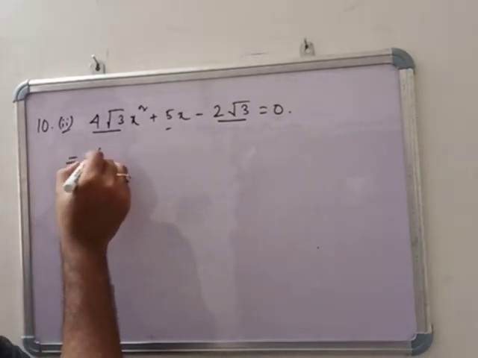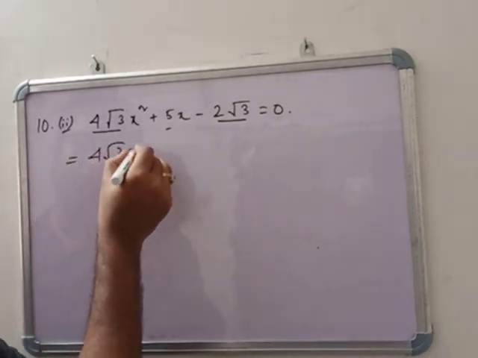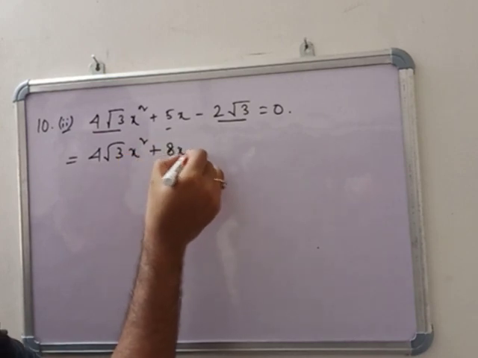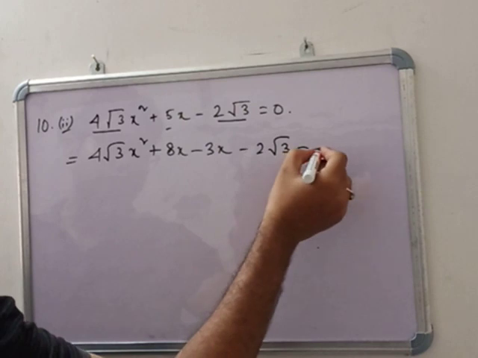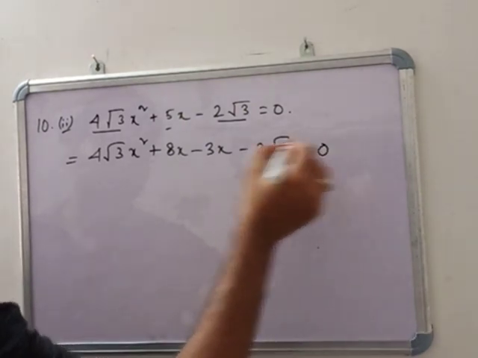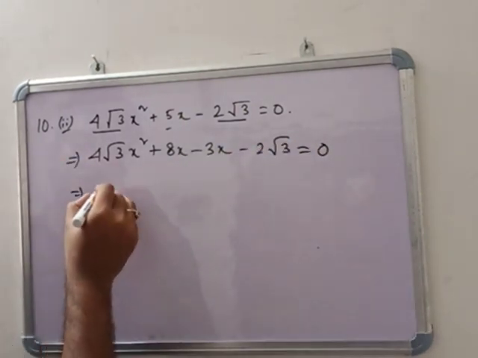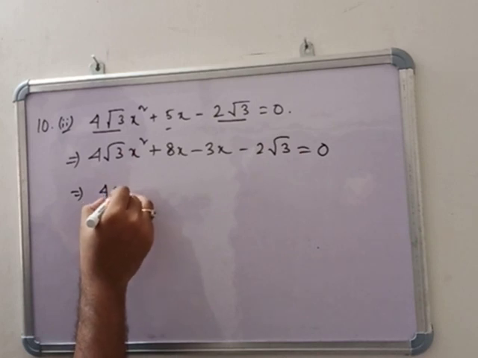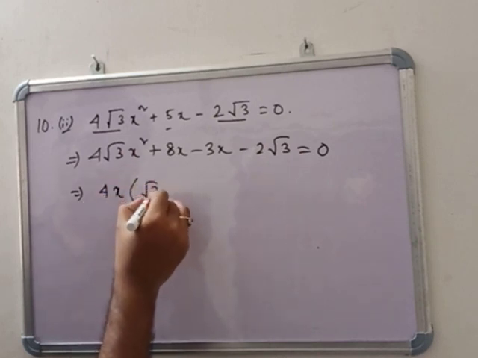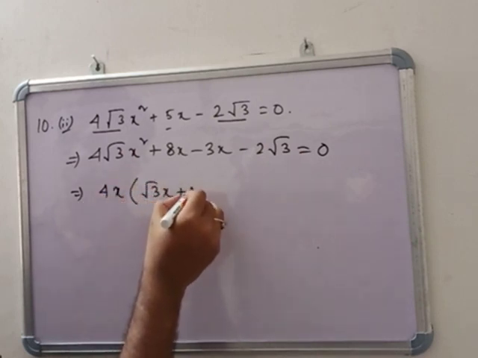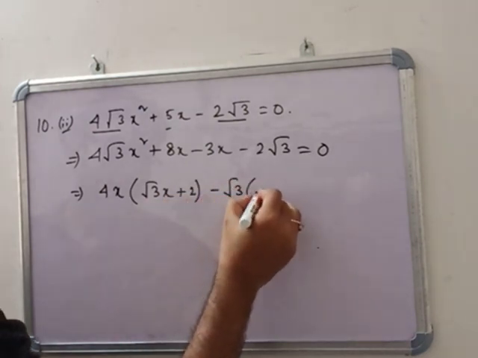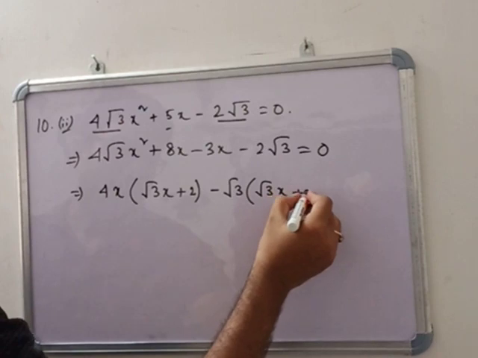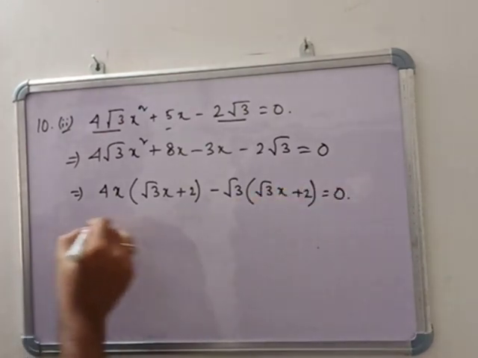So now we can write 4 root 3 x square plus 8x minus 3x minus 2 root 3 equals to 0. This implies 4x common here, so that means 4x common, root 3x plus 2 minus root 3 common. So root 3x plus 2 equals to 0.